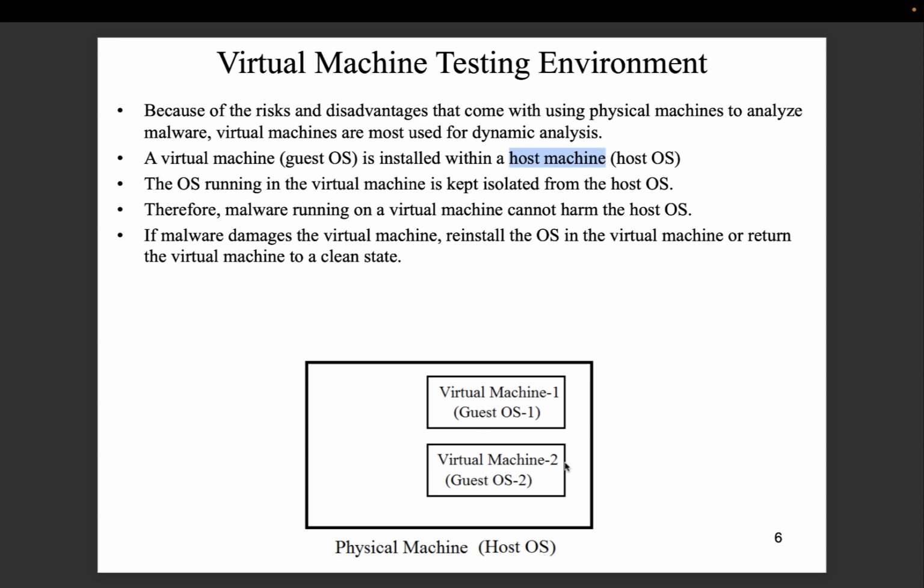So the idea, as you can see here at this image, you have your physical machine, which is also called the host operating system, and then you're going to use a virtualization software, a virtualization tool, to create these so-called virtual machines or guest operating systems. Okay? So the operating system running in the virtual machine, this one and this one, right, is kept isolated from the host operating system.